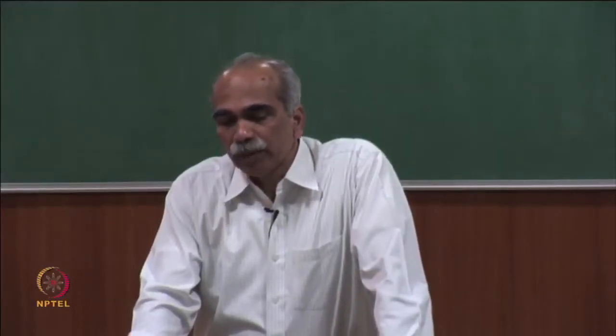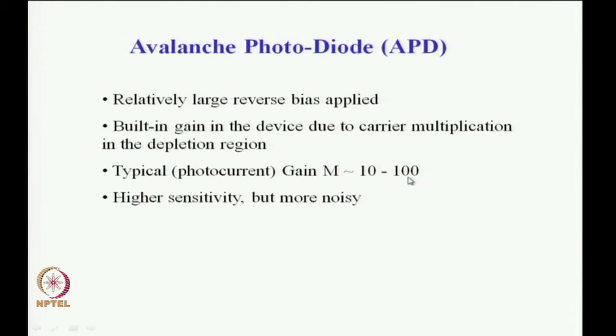Because of the current gain, the sensitivity is higher. However, it is a little bit more noisy because the avalanche process by its very nature is a relatively random process, and therefore we have a relatively noisy output.